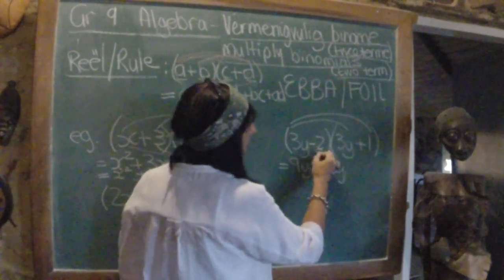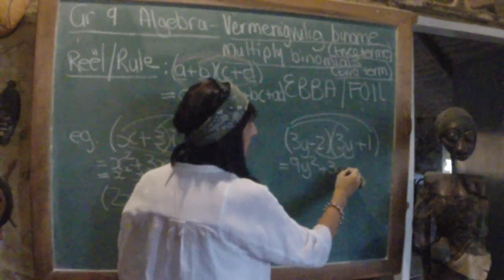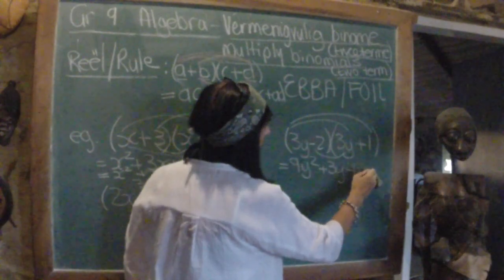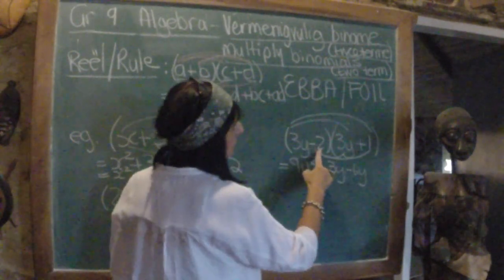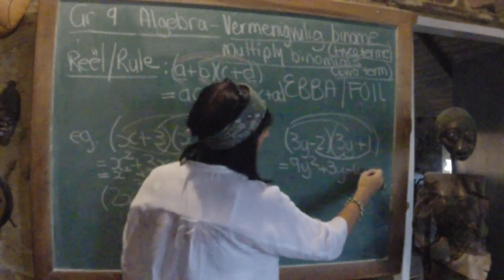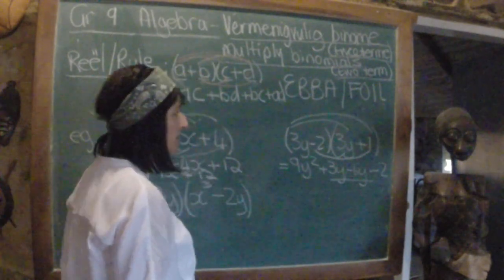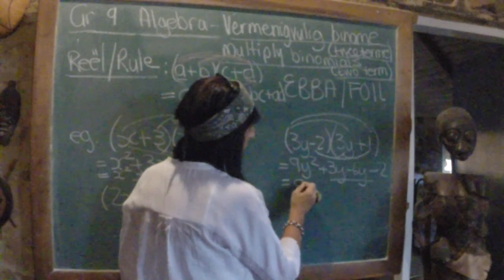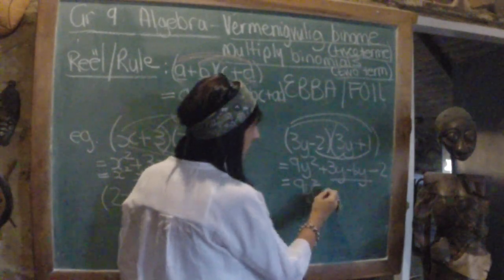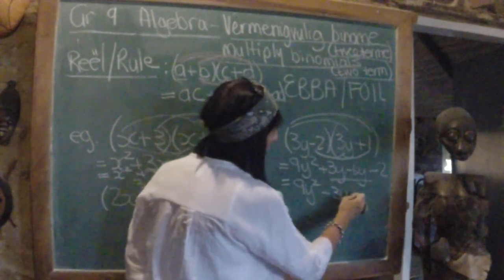Dan het ons die binnestes. Min 2 maal 3y gee min 6y. En dan het ons die agterstes. Min 2 maal plus 1 gee min 2. Ons kan hierdie twee bymekaar tel, want hulle is identies dieselfde. So my final answer is going to be 9y kwadraat minus 3y min 2.